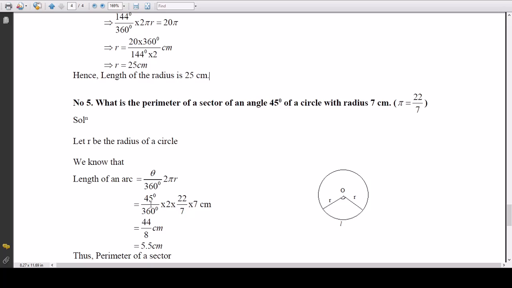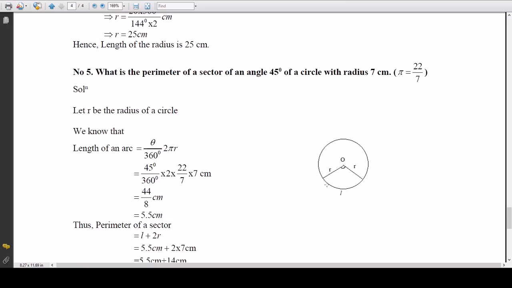Theta is 45 by 360, multiplied by 2, multiplied by pi, which is 22 by 7, and r is 7 centimeter. Cancelling 7 with 7 in numerator and denominator, 45 with 360, you will go with 8. 2 multiplied by 22 is 44, divided by 8, will give us 5.5 centimeter as the length of the arc.